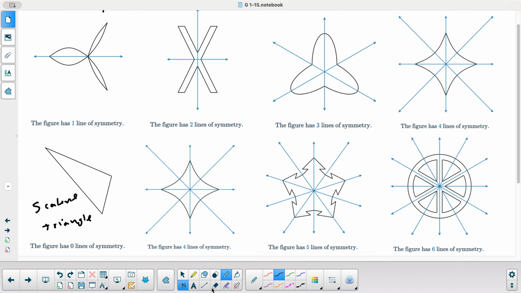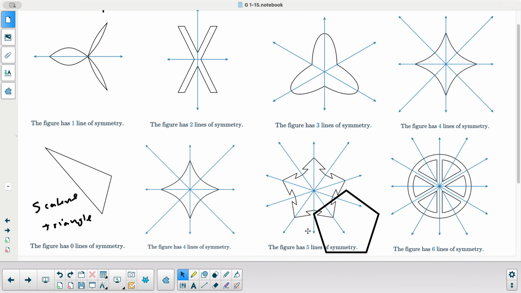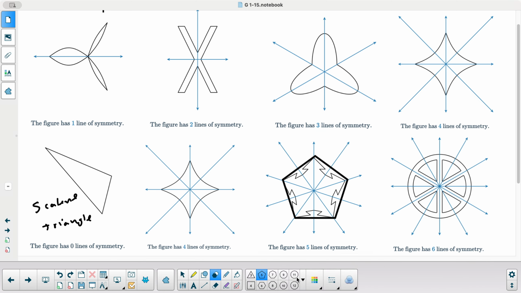You can kind of tell here, it's kind of the same thing as a regular pentagon. It fits right in there just like that. So it's just changing the shape to mess with you here. This is kind of like a regular hexagon too. If you look here, you can kind of see it.